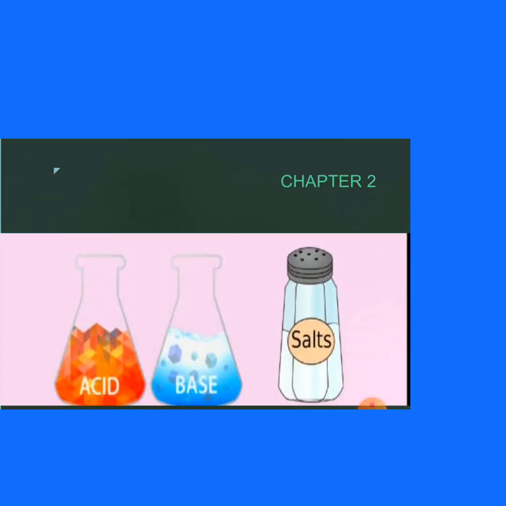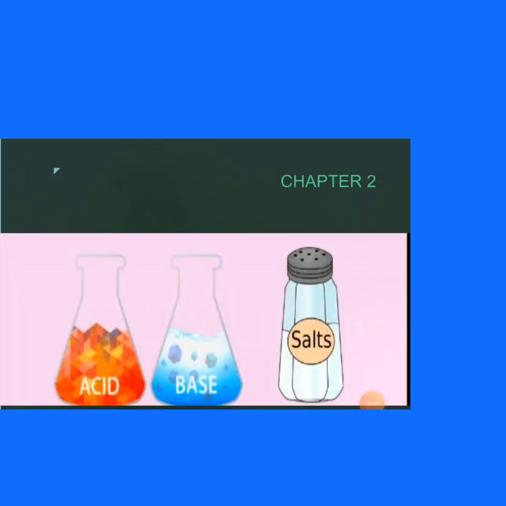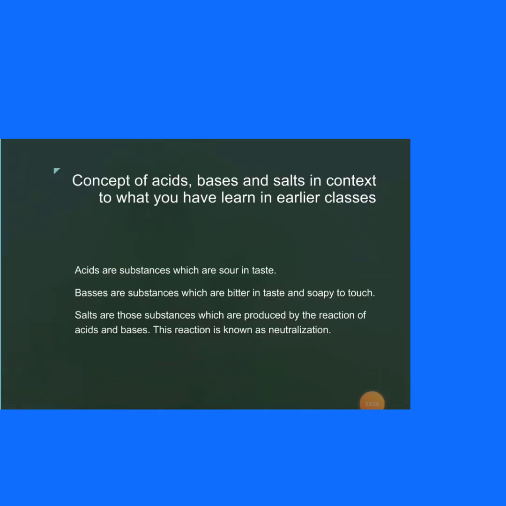You can see in the slide three compounds, acid, bases and salts, which you have studied in earlier class, especially in class 7th. According to the previous knowledge, we know that the acids are the substances which are sour in taste.